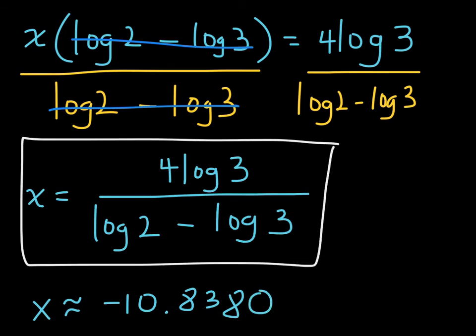When you punch this into your calculator, folks, you're probably going to have to type in 4 log 3 first and then punch divided by. And then you're probably going to have to open up a set of parentheses right after you punch division. Open up a set of parentheses and then put log 2 minus log 3. Close the parentheses and then press equals. So practice doing that and getting this decimal.